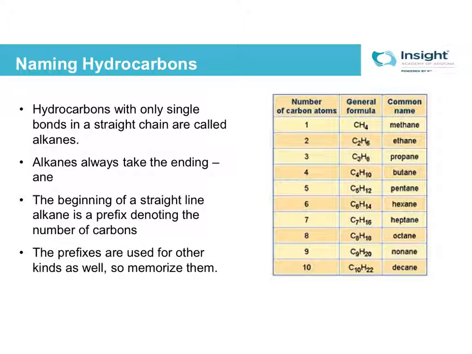Especially ones like these that don't match anything we've seen in geometry class, you might need to write those down. You have the number prefix, and then the suffix tells you the type of hydrocarbon. Alkanes always end in ane.